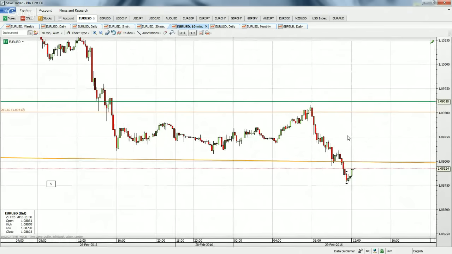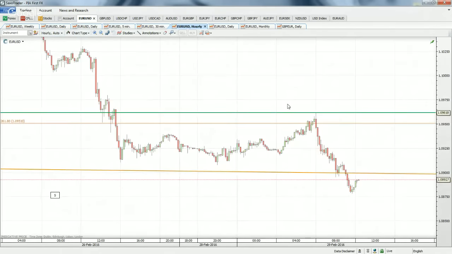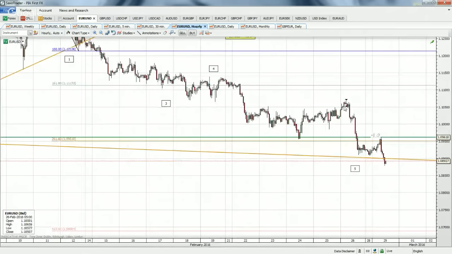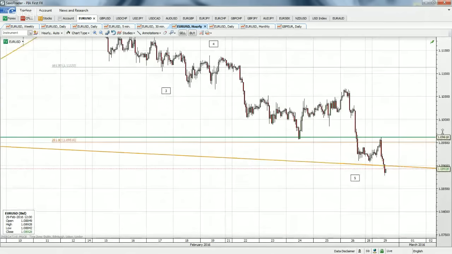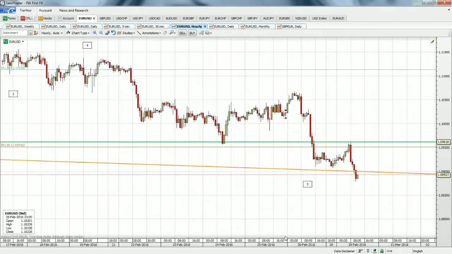Just trying to find out where the top is. 110.68. Wrong time frame. Sorry. This move here. 1, 2, 3, 4, 5. So, you know, yes, still a bear intraday, but wouldn't be selling at current levels.